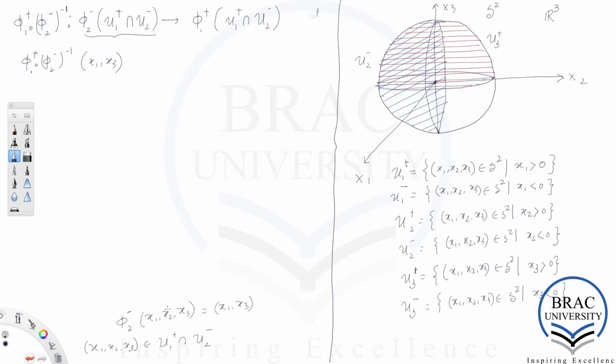of phi 2 minus. And therefore this phi 2 minus inverse is supposed to act on this pair x1 comma x3. Okay, good. Now this will produce phi 1 plus, and then the inverse of phi 2 minus is supposed to take it back here.